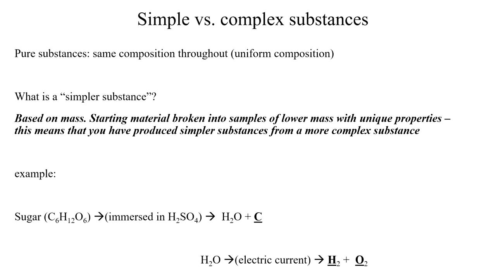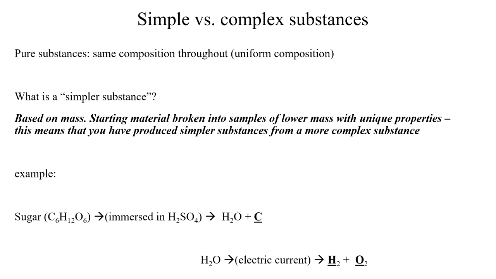And out of my 20 grams of substance, maybe 11 or 12 grams of water and maybe 8 or 9 grams of carbon left over from that. Okay. Now the carbon, of course, is a simpler substance, and the water is a simpler substance. So those are simpler substances than sugar.